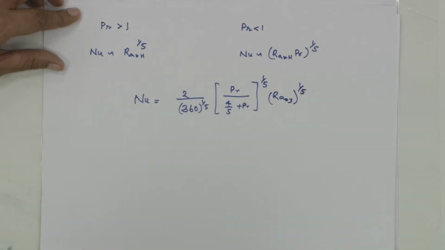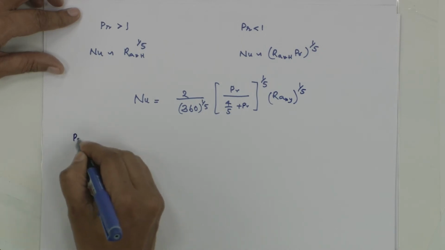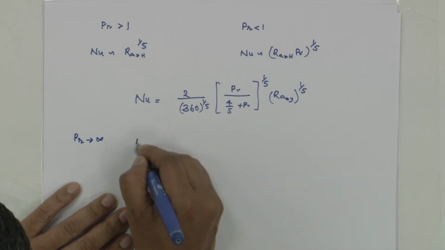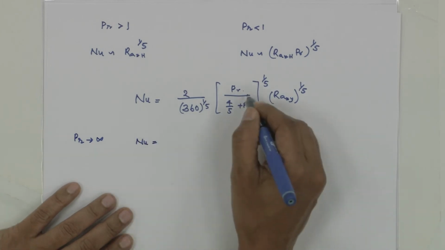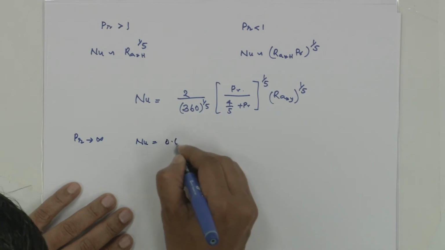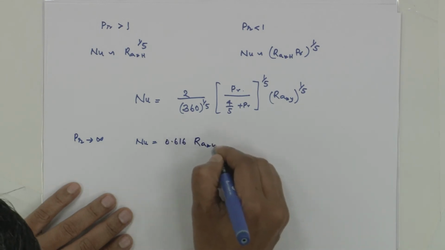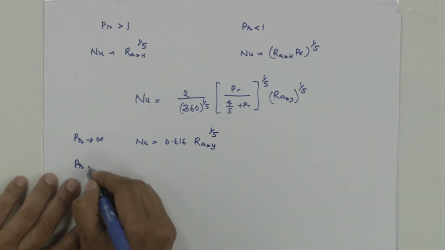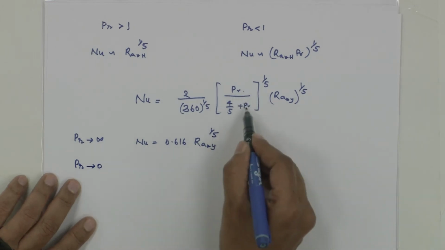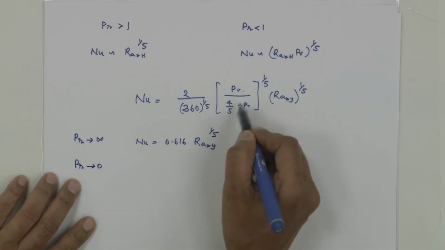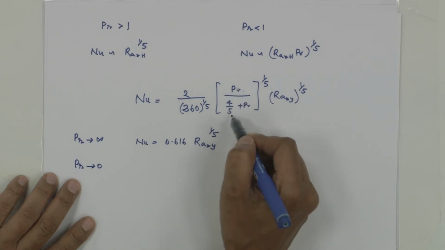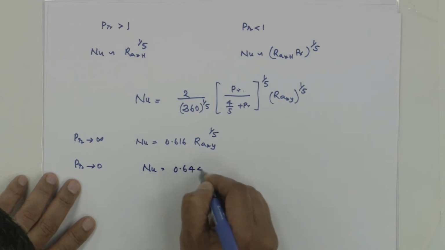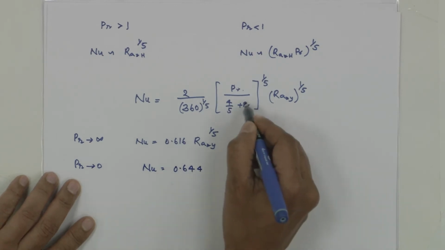Now you see, if you take Prandtl number tending to infinity, this equation reduces to infinity by infinity, this is kind of 1, so you get 0.616 or A star y to the power of 1 by 5. Okay, and Prandtl number tending to 0, so that means Prandtl number upon 4 by 5, you get Nusselt number equal to 0.644. 4 by 5 plus lowest Prandtl number, I can neglect this.